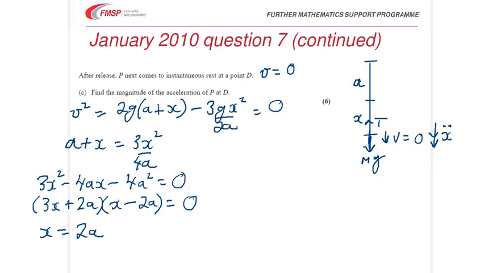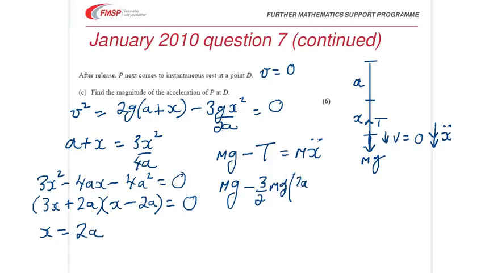So mg minus T equals m x double dot. Mg minus, let's put in the value of T then, 3 over 2 mg is lambda, 2a over a. And that's equal to m x double dot, x double dot being acceleration, as I'm sure you're well used to.